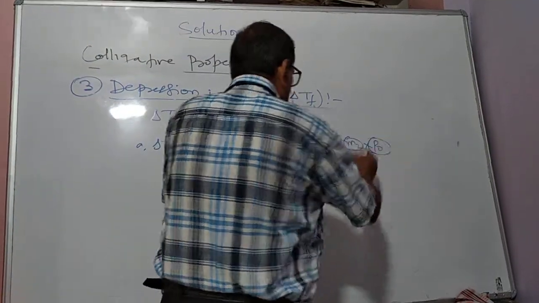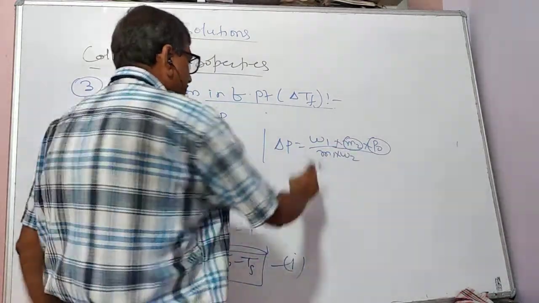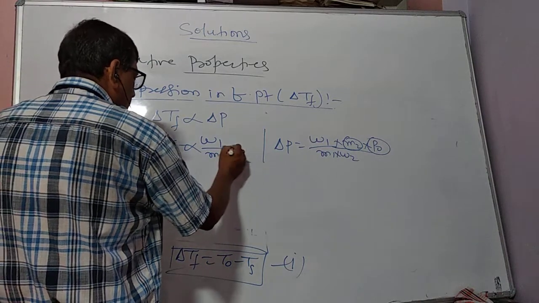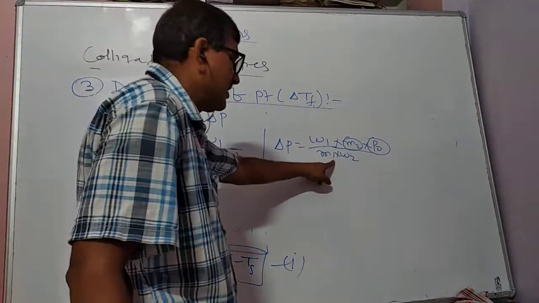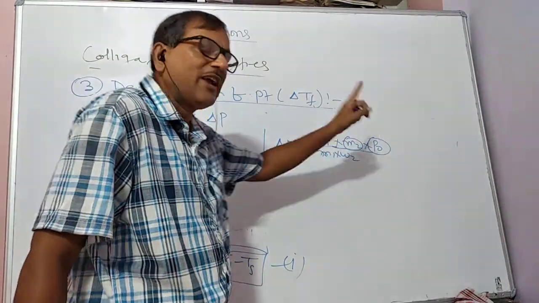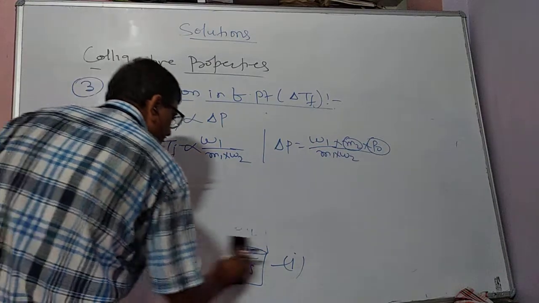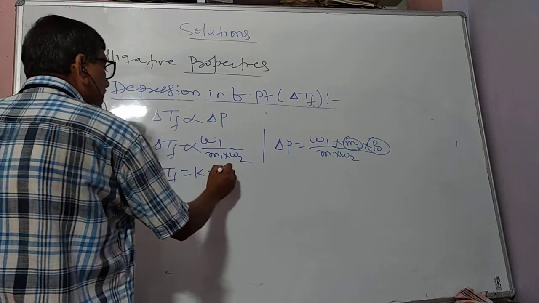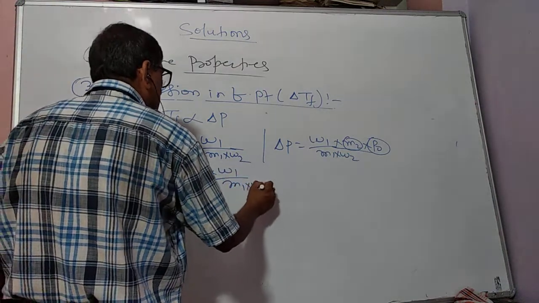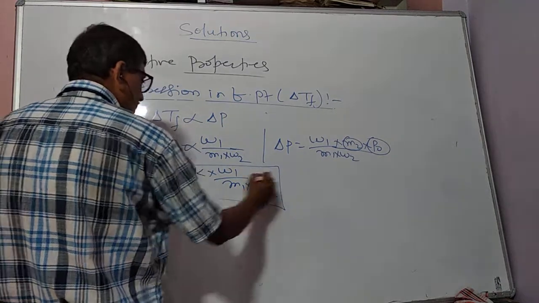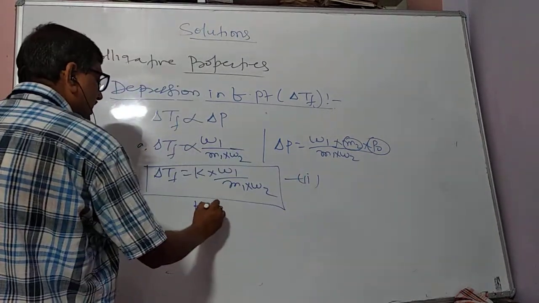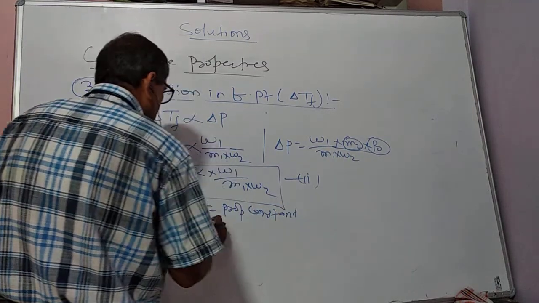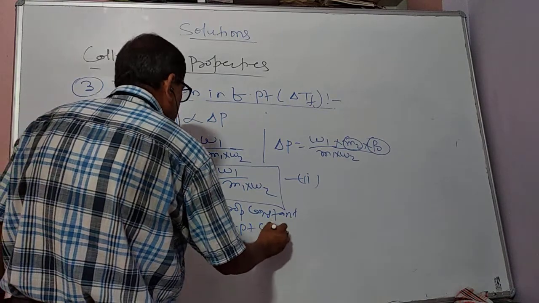Here M2 and P0 remain constant for a given solvent, so we take only W1 into 1 by M1 W2. So delta Tf equals K into W1 by M1 W2. This is our equation number 2, where K is a proportionality constant, also called the freezing point constant.